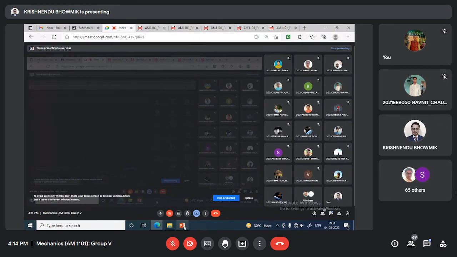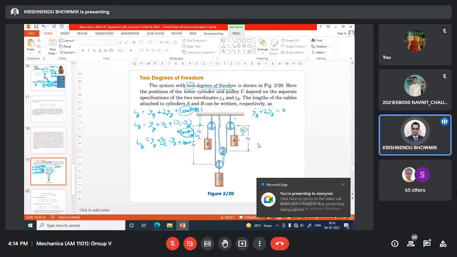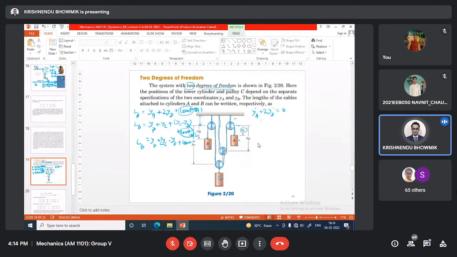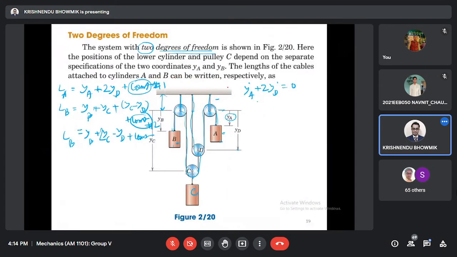Once again, if you do the derivative, you will get YA double dot, the accelerations, plus 2YD double dot equal to 0. For B, it is YB dot plus 2YC dot minus YD dot equal to 0.